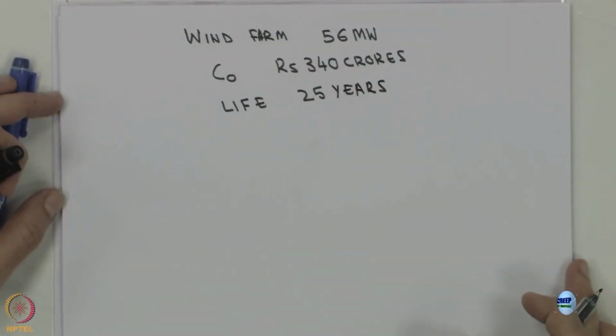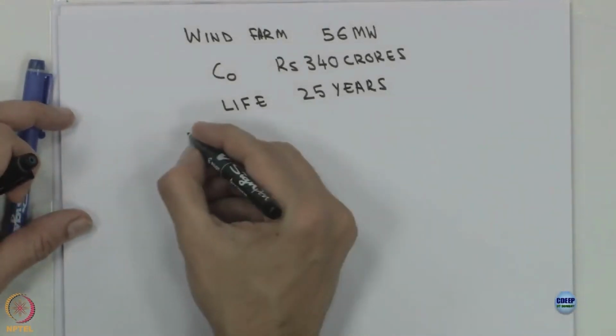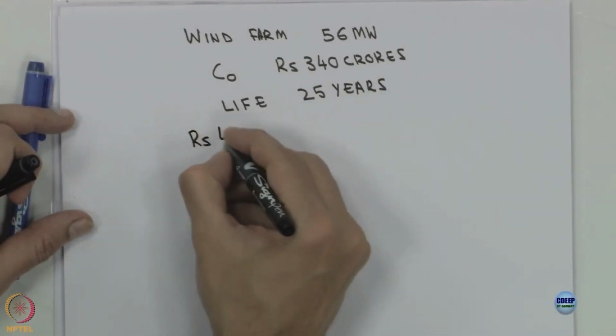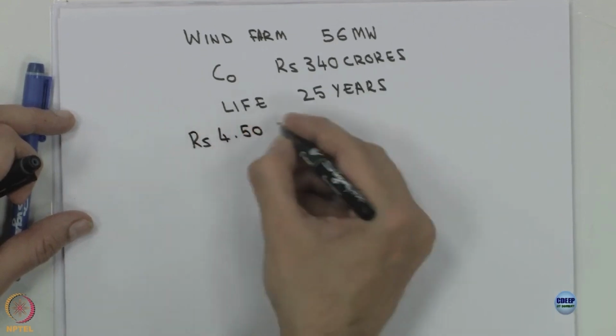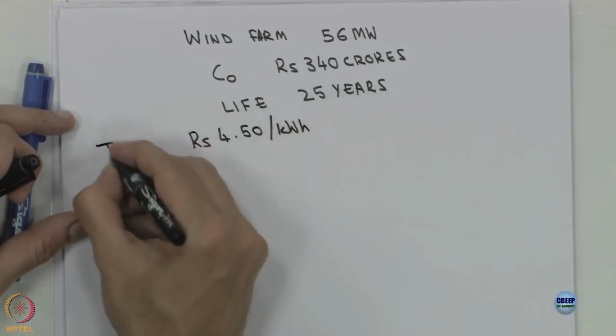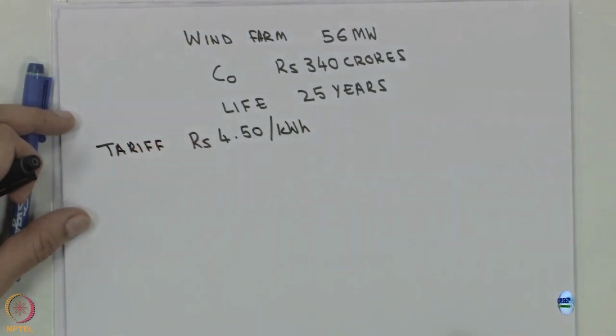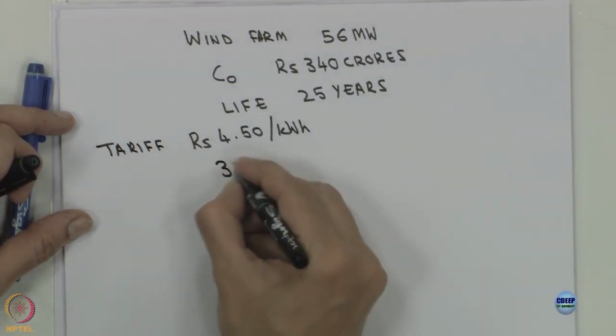We have the preferential tariff of rupees 4.50 per kilowatt hour. This is the tariff, this is how much we will be paid, and the capacity factor is 30%.